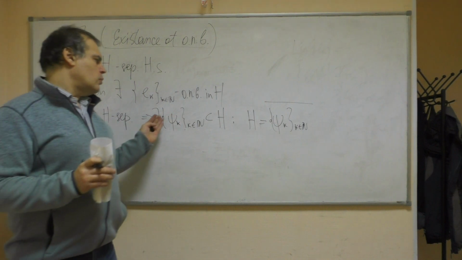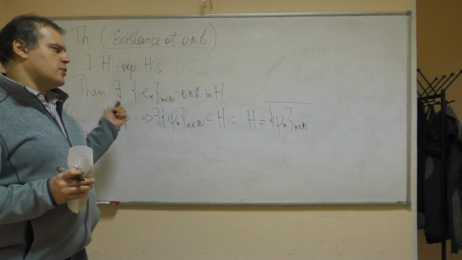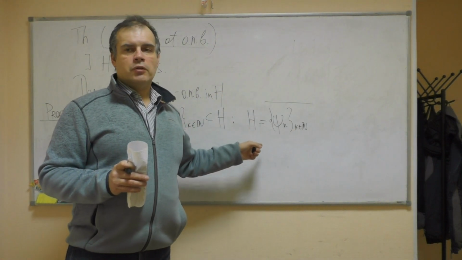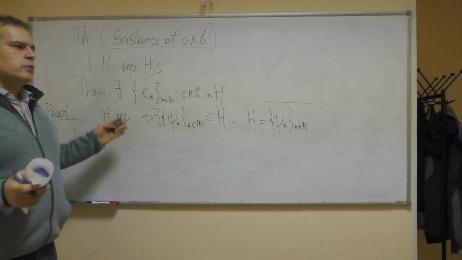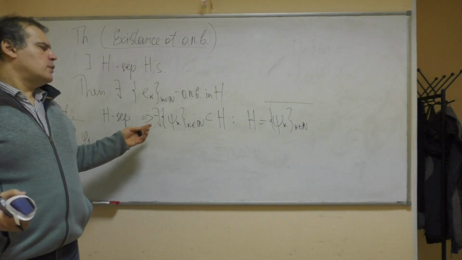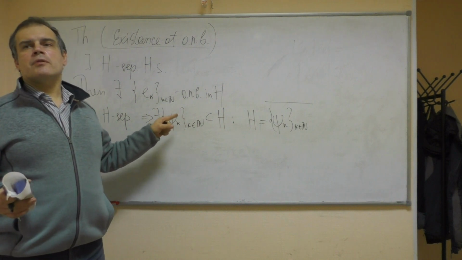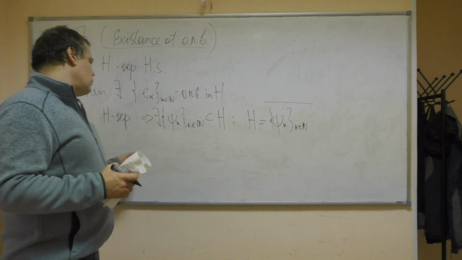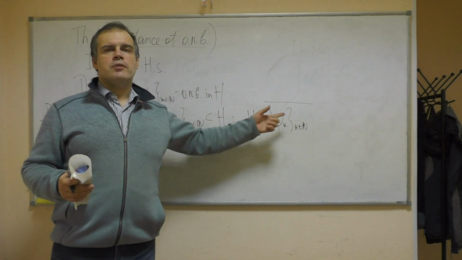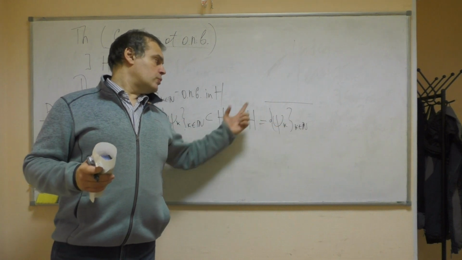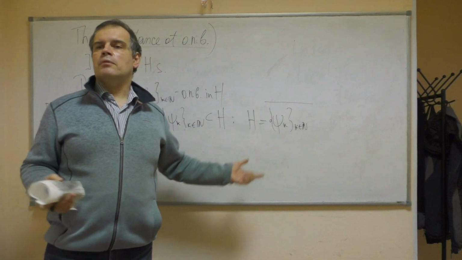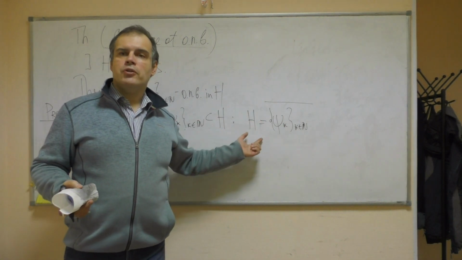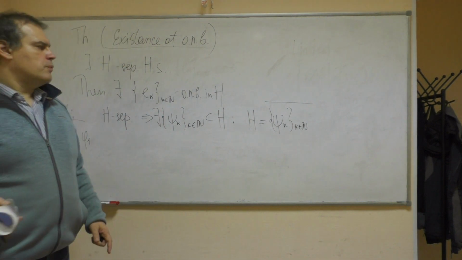So we don't know anything about this system except just one fact, that it's everywhere dense in H. So it can happen that the first 100 elements of this system are equal to 0, but it cannot be that all elements of this system are equal to 0, because if all elements are zeros, we cannot approximate each element with an element of this sequence.